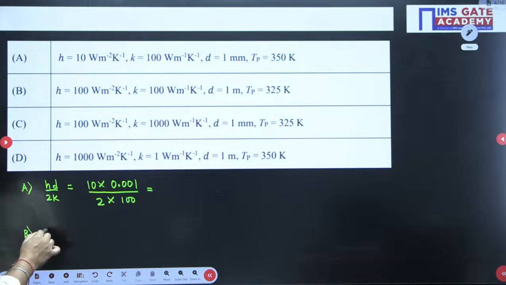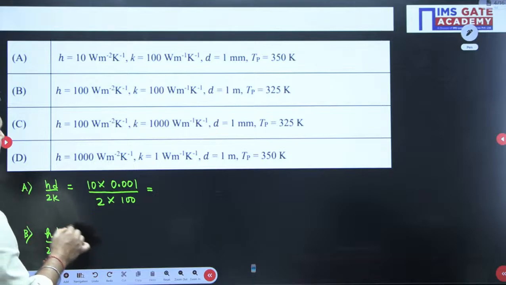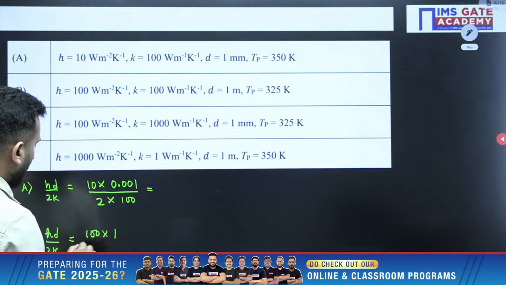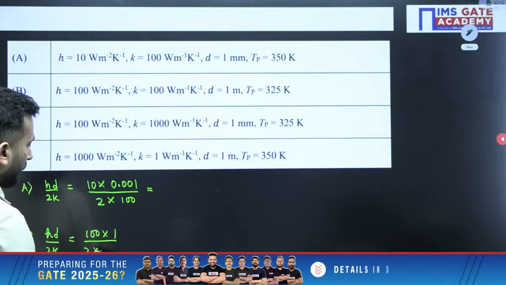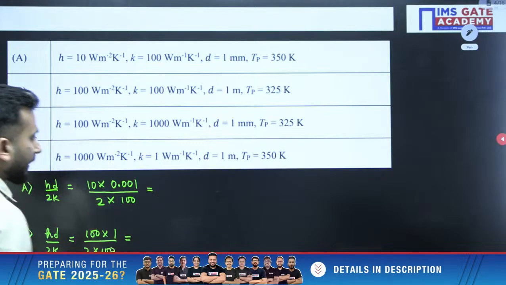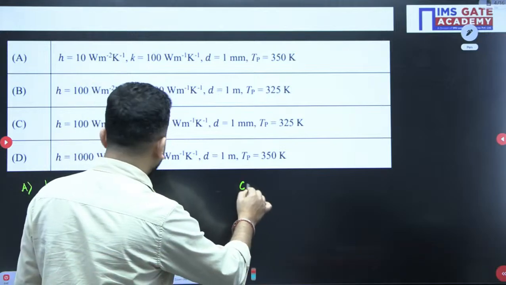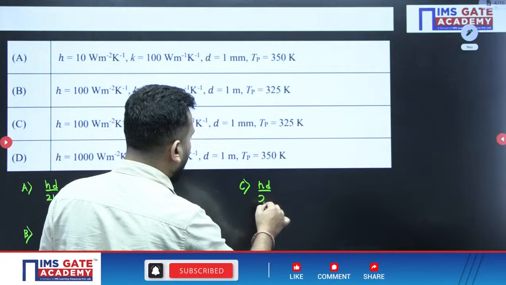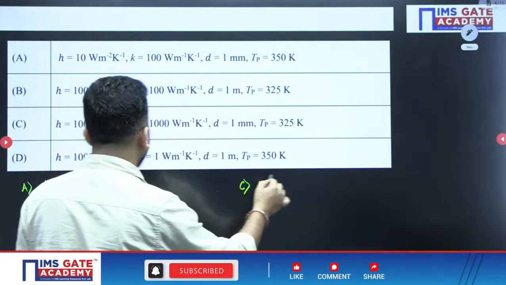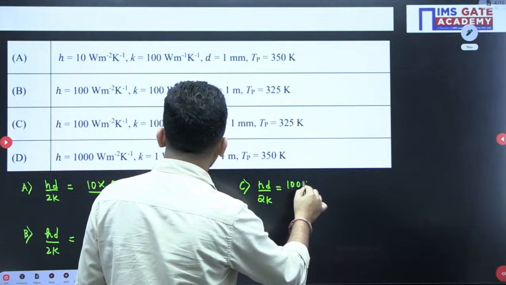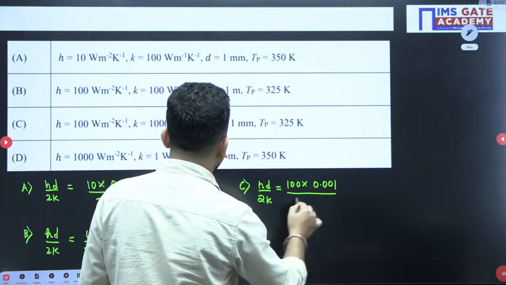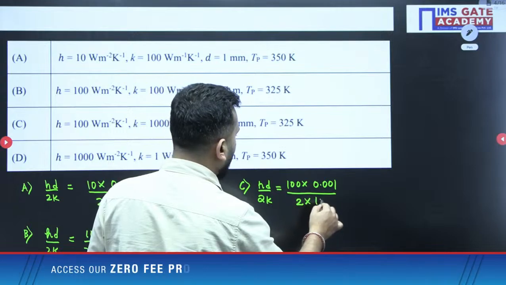For option B, what is HD by 2K? This is 100 into D value 1 meter, divided by 2 into 100. This will give me some value. For option C, HD by 2K: H value is 100, D value is 0.001, and 2 into K value is 1000.